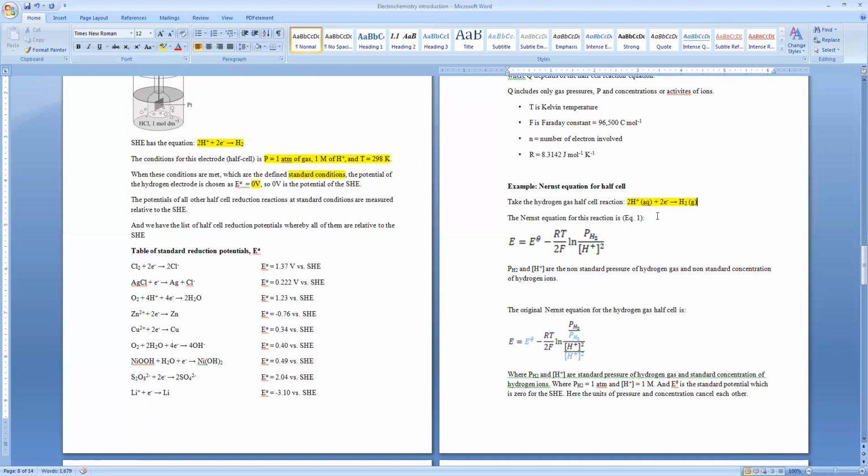Now we see that this Nernst equation gives you the relation between the non-standard potential and the standard potential of that reaction.